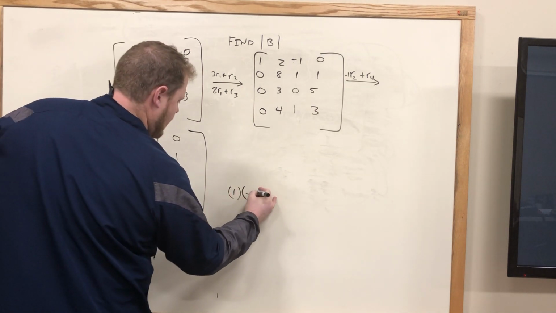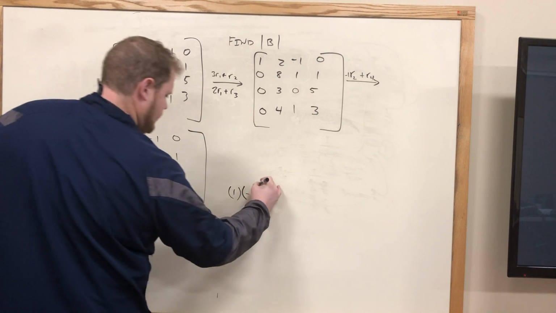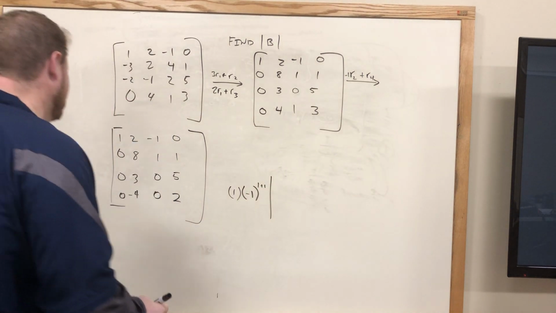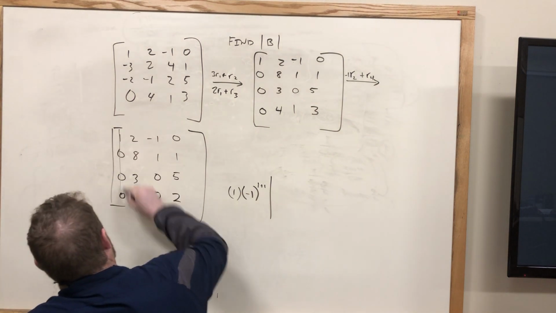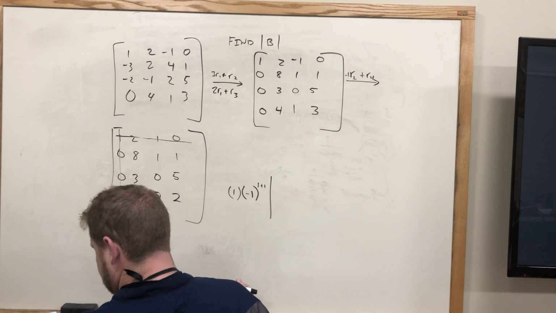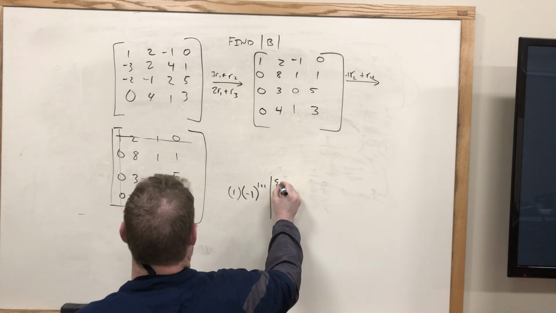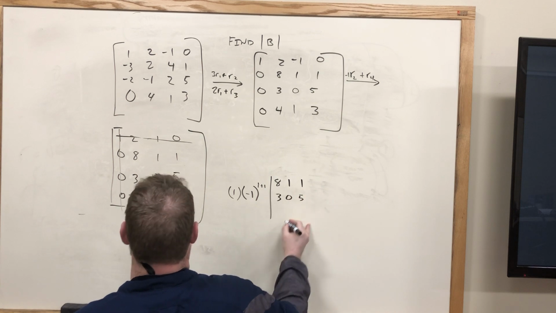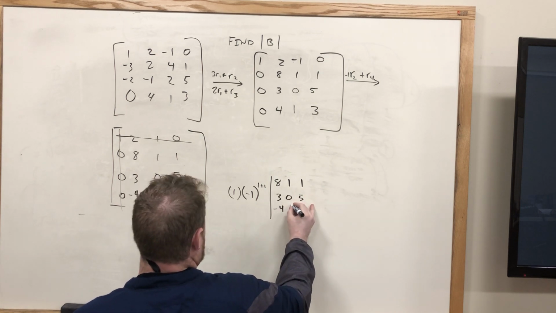And then negative 1 to the 1 plus 1, okay? Leaving us what? What's left? When I take this here, what's left? All right. 8, 1, 1, 3, 0, 5, negative 4, 0, 2.